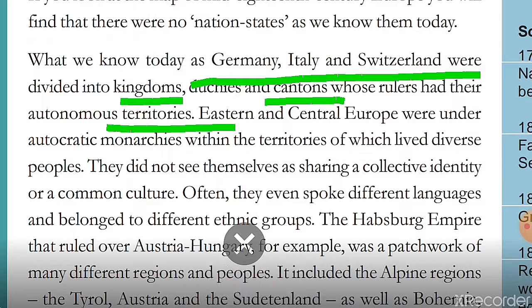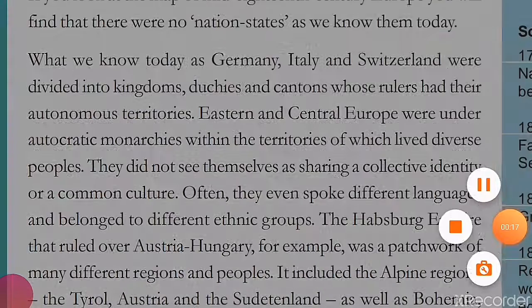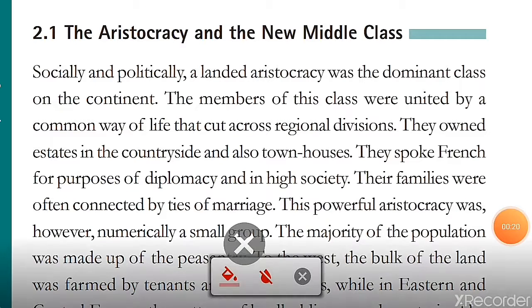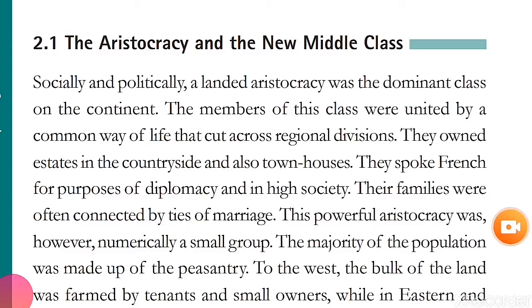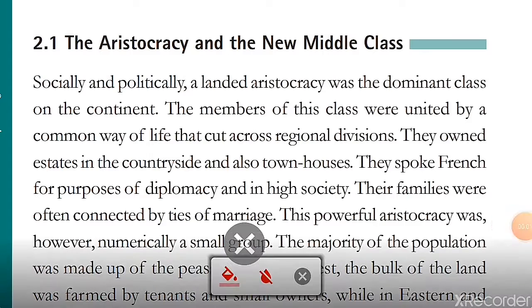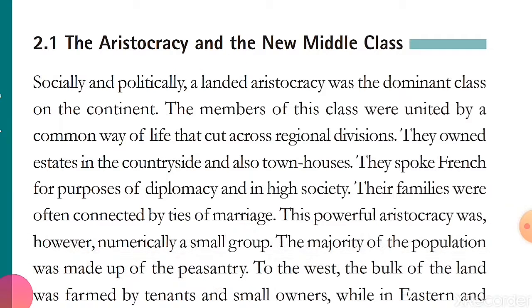Now you will study about the aristocracy and the new middle class. Now the question is, what is aristocracy? The aristocracy was the dominant class on the continent, politically and socially both.